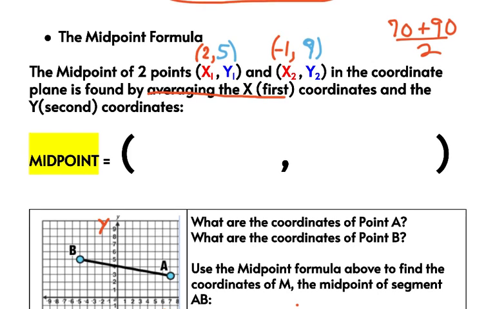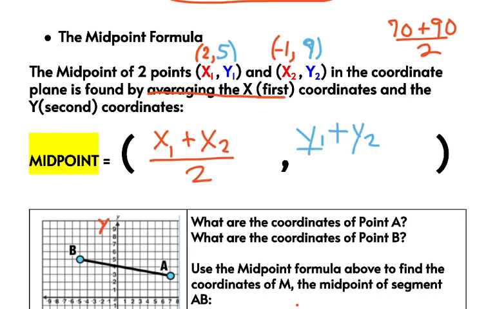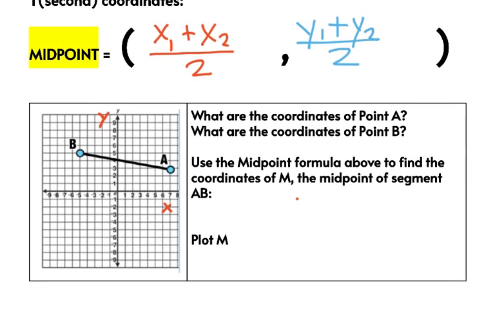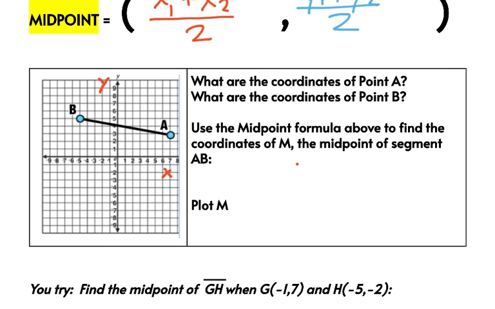We're going to take our x's, our first coordinates, add them up and divide by 2, also known as averaging them. We're going to take our y coordinates and do the same thing. So really, we just need to know how to add and how to divide, and we have to remember that our answer is a point in the coordinate plane. So let's go do a little practice.